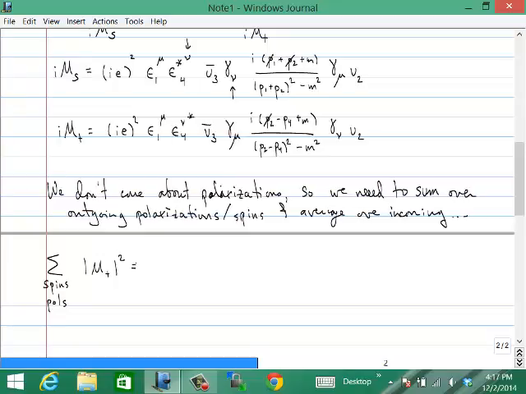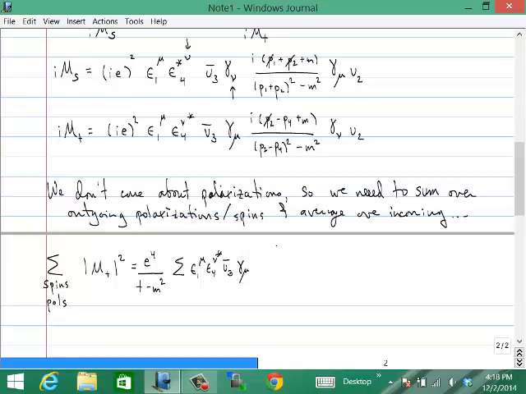So what would this look like? You'll get an e to the fourth, and I'll pull out that denominator there, which is t minus m squared, where t is p2 minus p4 squared. And then you have the sum over all values of epsilon 1, epsilon 4, u3, and u2 of, let's just copy down that formula for Mt. You get an epsilon 1 mu, epsilon 4 nu star, u3 bar, gamma mu.